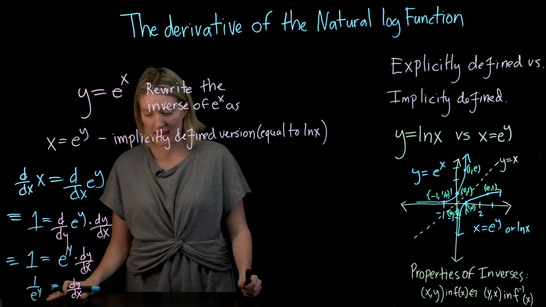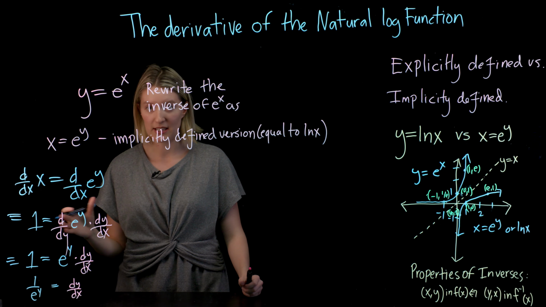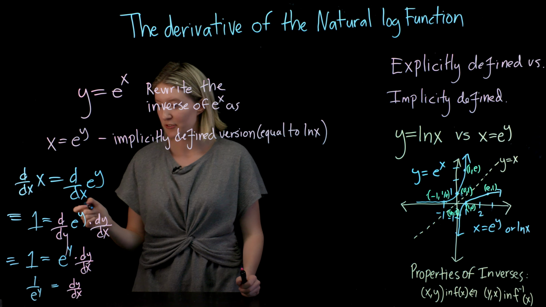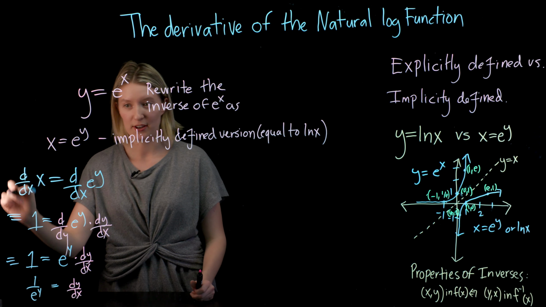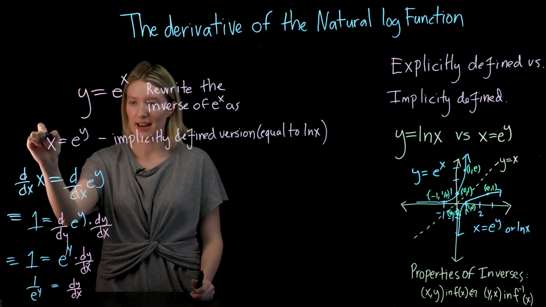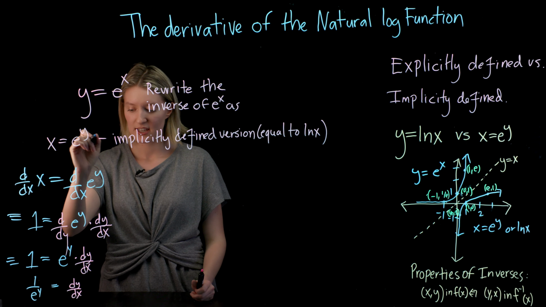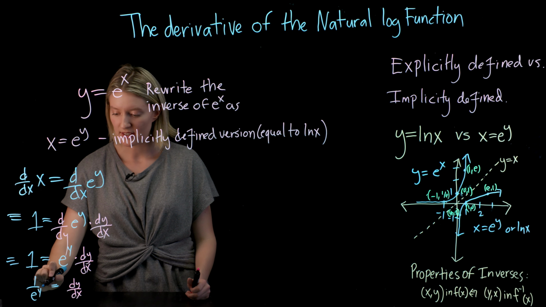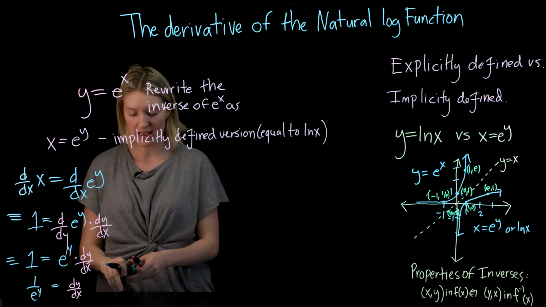Now, usually I'd want to have my answer be left in terms of x. If you notice here in the very beginning of the equation, we started with the assumption that x is equal to e to the y. So I can actually rewrite this e to the y with x.